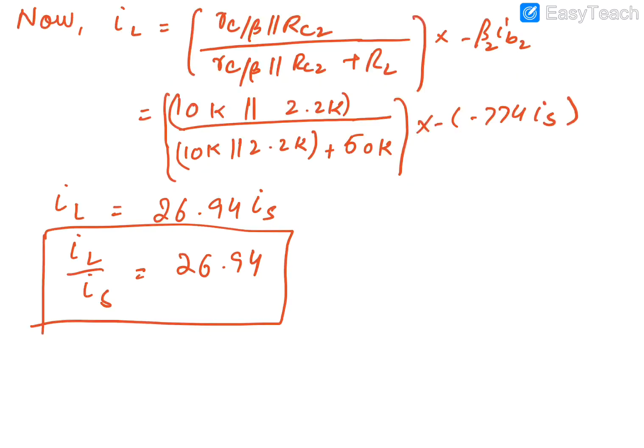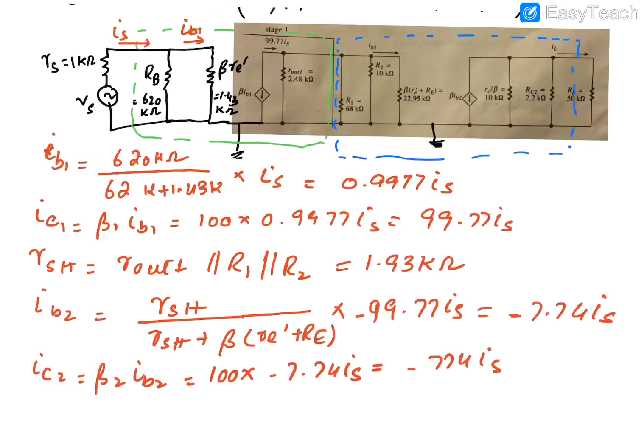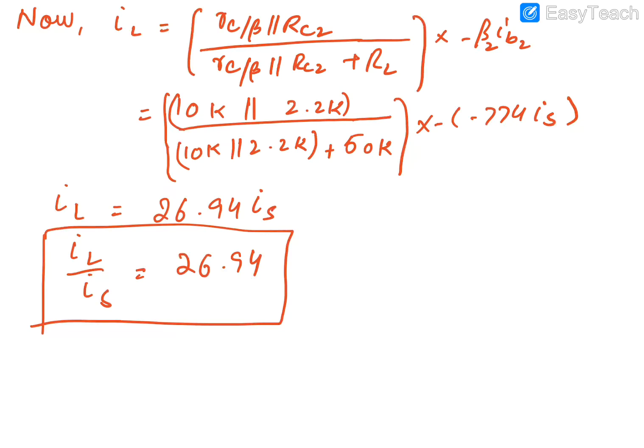The same here, into the total current, which is minus beta times IB2, because these both currents are in opposite direction. So we will write beta2 IB2, minus beta2 IB2, which is already negative, and multiplied by a negative sign will be positive. So IL will be equal to 26.94 IS. IL over IS is equal to 26.94.